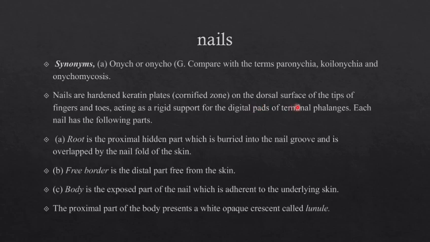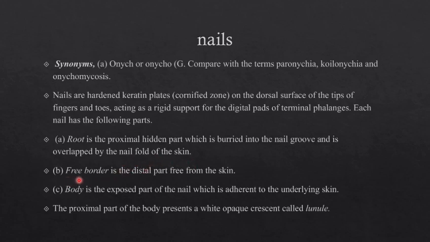On the dorsal surface of the tips of fingers and toes, acting as rigid support for the distal pads of terminal phalanges. Observe your nails. Each nail has the following parts: first the root, second the free border, third the body, and fourth the lunule. The root is the proximal hidden part buried into the nail groove and overlapped by the nail fold of the skin.